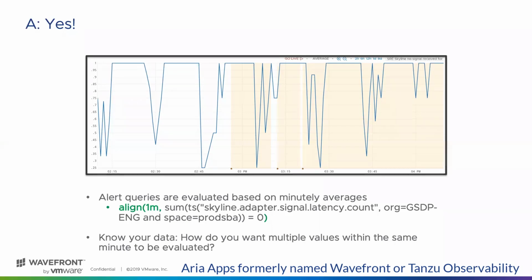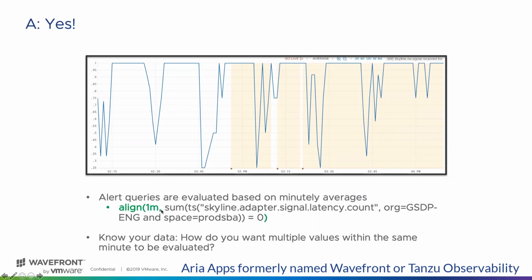And likewise, in an alert with a 5-minute window, it's going to have 5 one-minute data points to examine. In this case, the data was being emitted every 15 seconds. And by default, aligning is just taking the average for the minute.